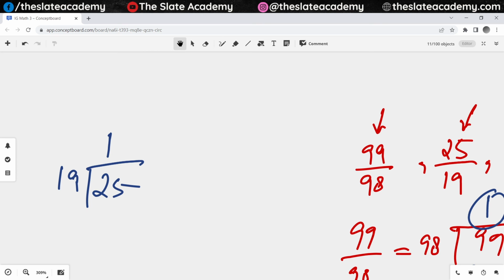So that would exceed. So 19 ones are 19, right? 6 would be the remainder. So 25 minus 19, it would be 6 over here. So its compound fraction would be 1 whole 6 over 19. Do you understand it now?